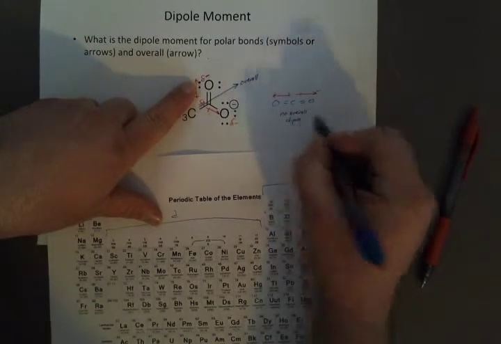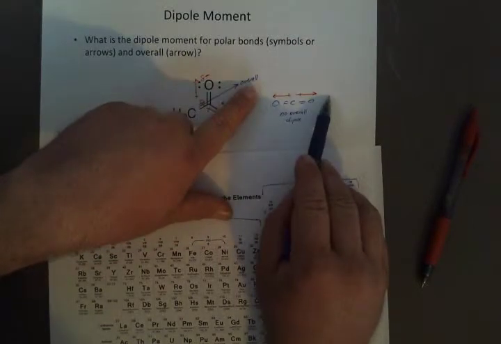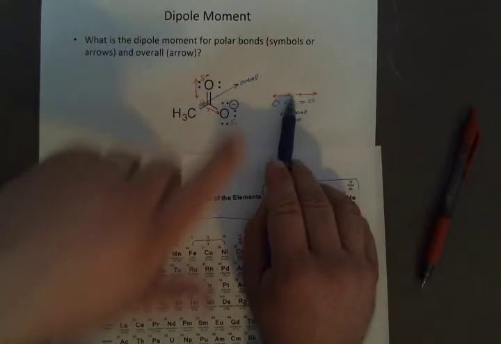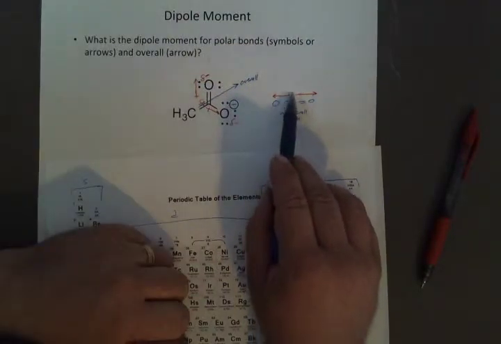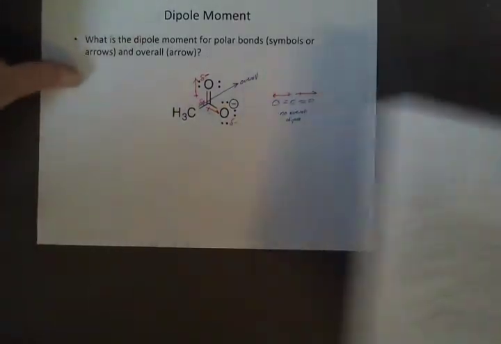There's no overall dipole on carbon monoxide, because the dipoles are pulling in equal and opposite directions, so they just cancel each other out. So there you go.